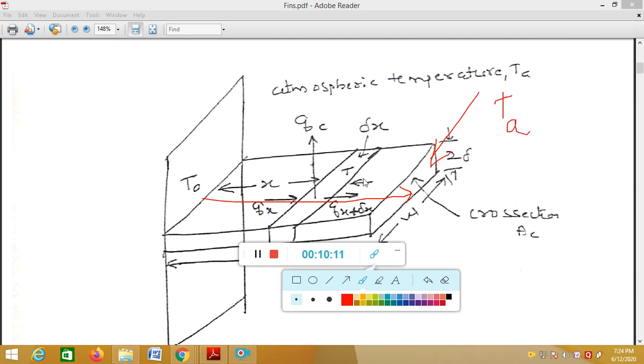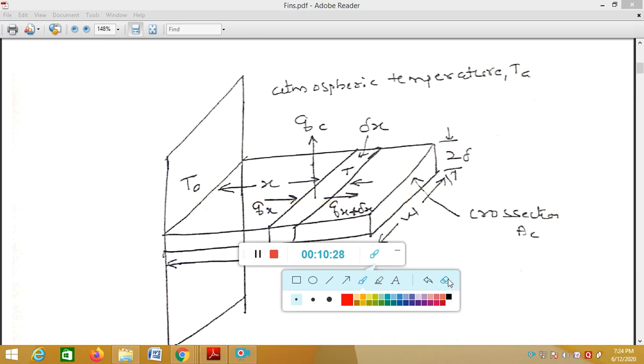If the fin is very long, then theta at x equal to L, the temperature difference at the tip, becomes 0.